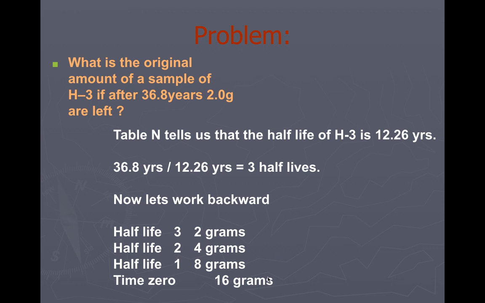And then you can work backwards in this case, because they're saying 2 grams are left. So you have to go backwards basically. 2 grams, go back a half-life, 4 grams, back a half-life, 8 grams, back a half-life to the original 16 grams. So again, this was working backwards. You know how much was left, and you had to figure out how much you were starting with.